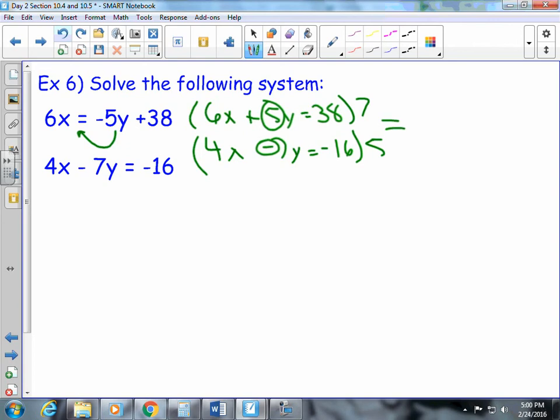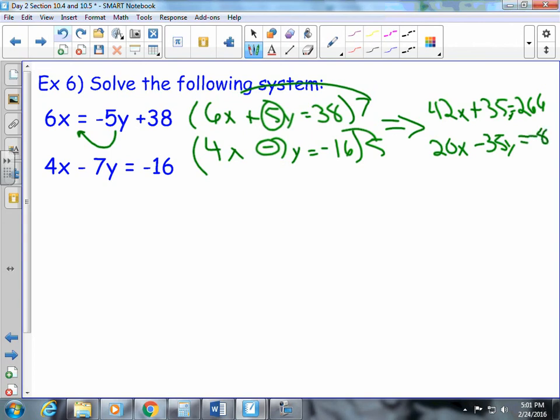What I'll end up with is 6 times 7 is 42x, 7 times 5 is 35y, and that's equal to now 7 times 38, which is 266. When I multiply everything by 5 here, I get 20x, now it's minus 35y, and that's equal to 5 times negative 16, that's negative 80.